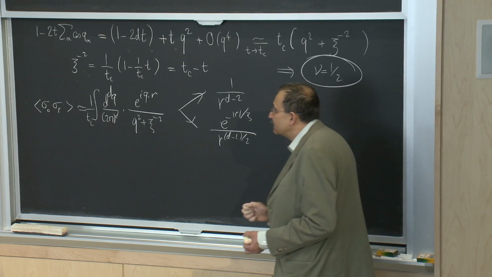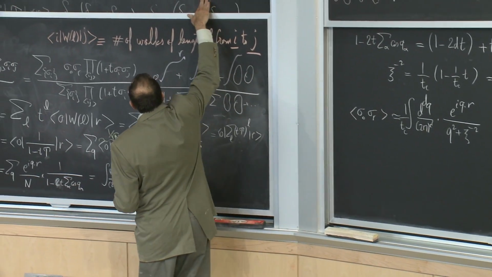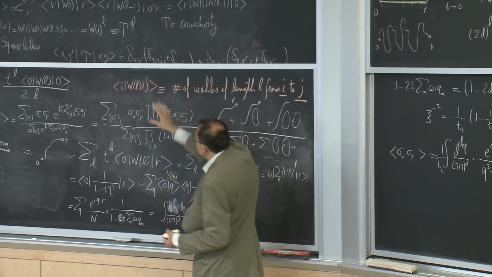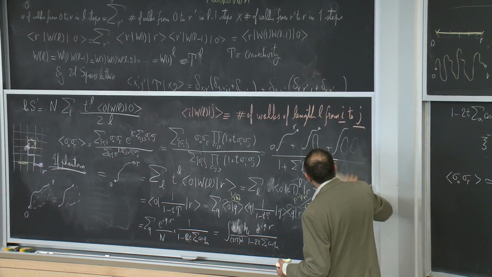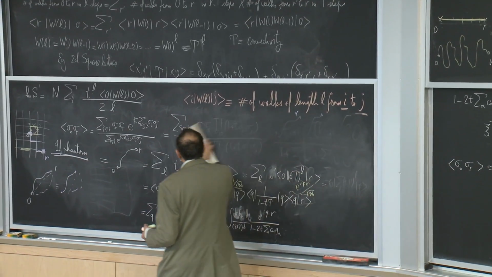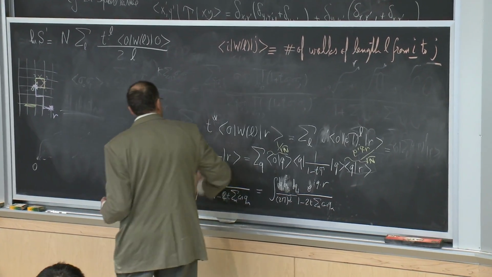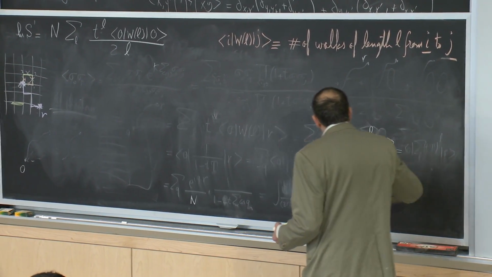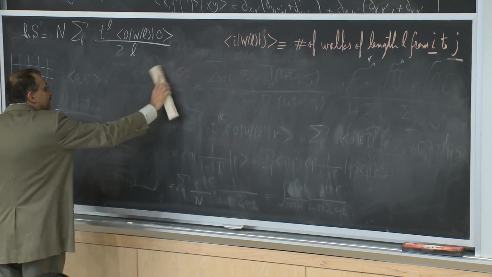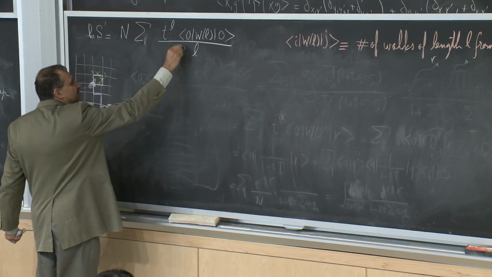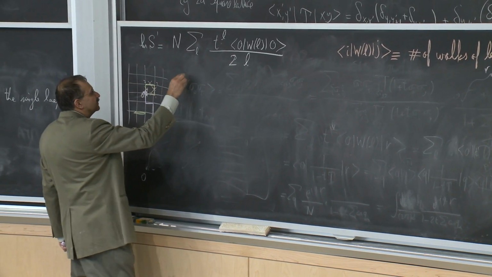In fact, it's a little bit more than that, because we can go back and look at what we had here for the free energy. So let's erase the things that pertain to the correlation length and correlations, and focus on a calculation that we kind of left in the middle over here. So what do we have?